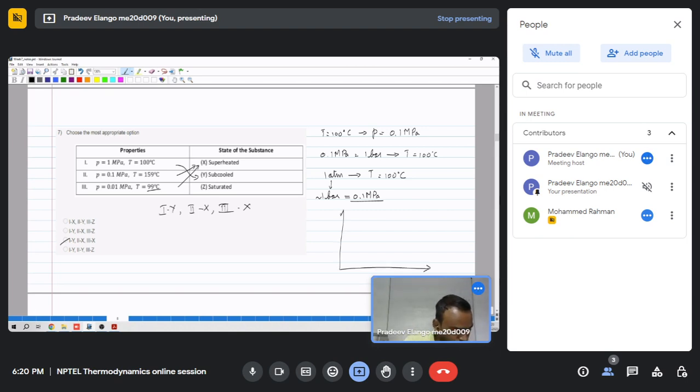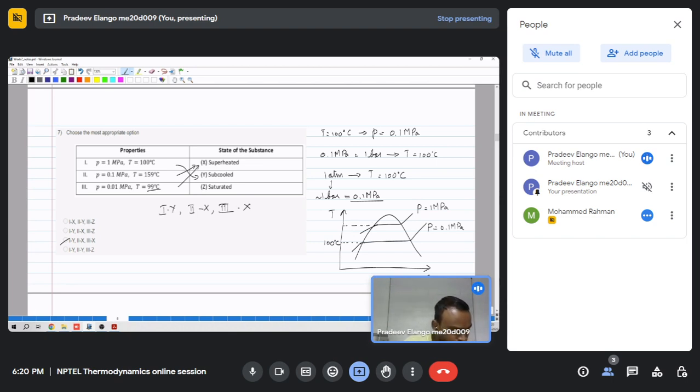Because if you go to the vapor dome, we have P and S. So this is a pressure of 1 megapascal and this temperature is 100, and this is P of 1 megapascal.